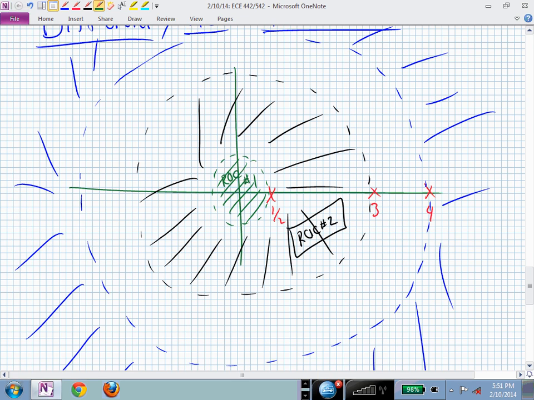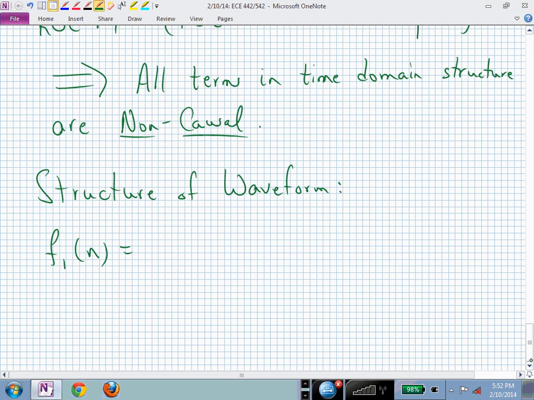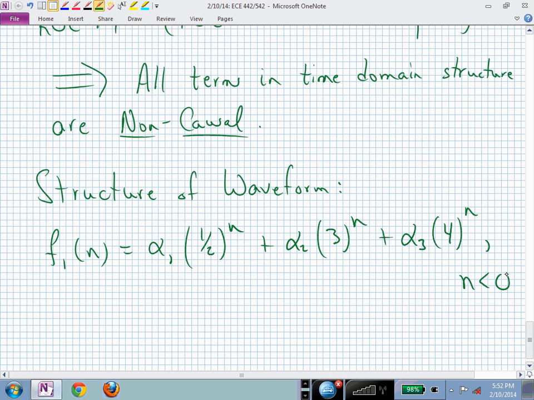Those modes are in my time domain waveform f sub 1 of n. And that's actually going to be in all of my waveforms. But here, let me say I have an alpha 1 times 1/2 to the n, plus an alpha 2 times 3 to the n, plus an alpha sub 3 times 4 to the n, and that n is a non-causal n. Those are negative values of n.